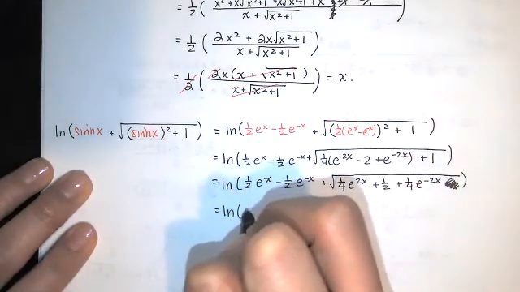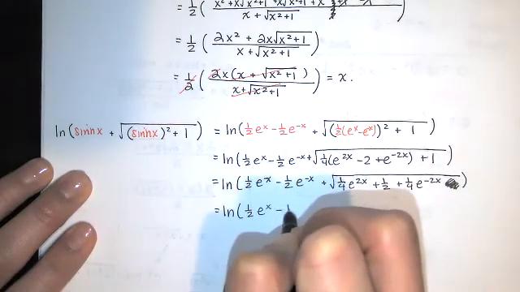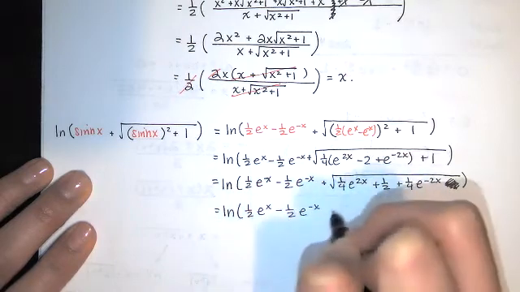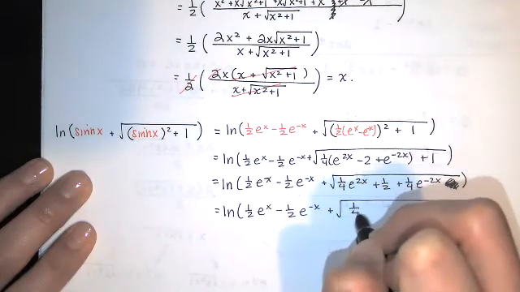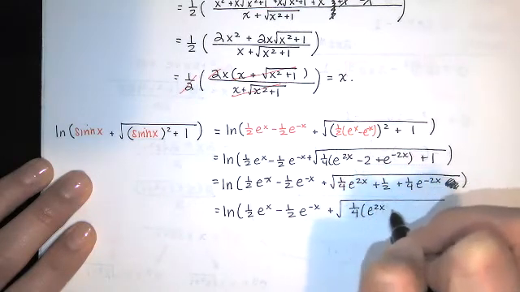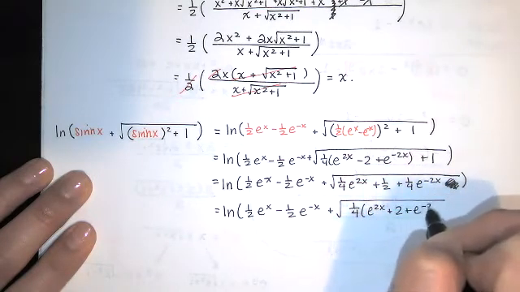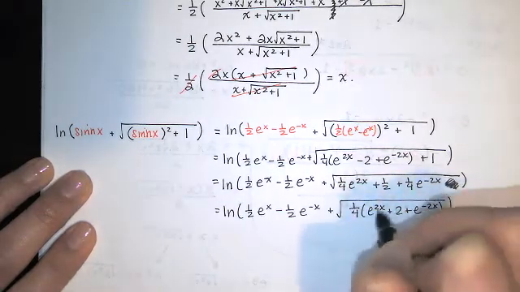So what that means is that must be this. And this is a perfect square.